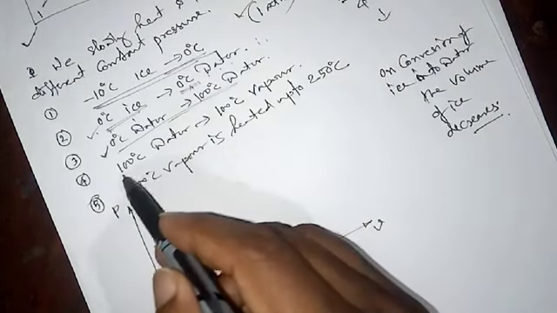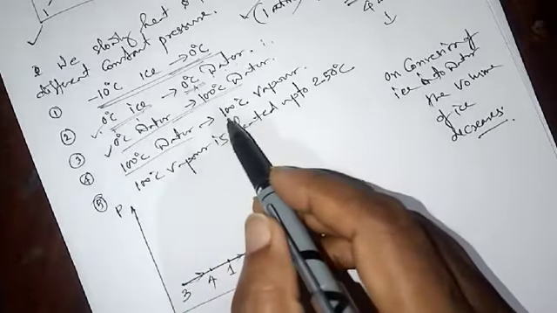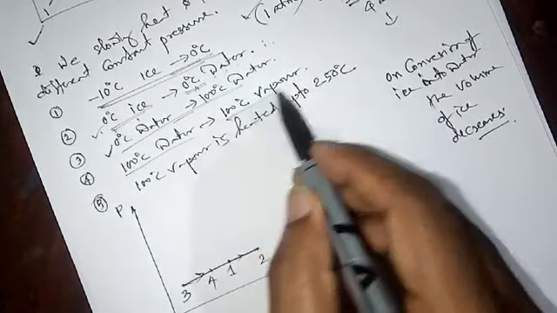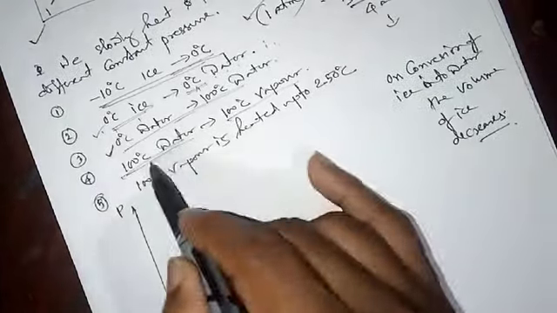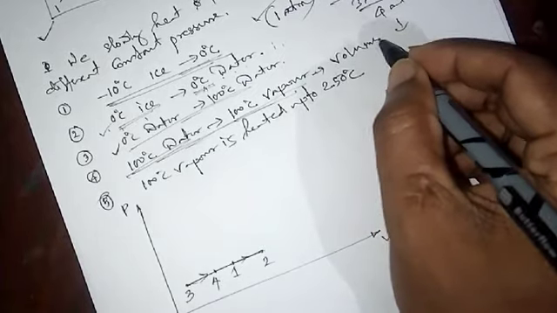After this process, 100 degree centigrade water is converted into 100 degree centigrade vapor. Therefore, there will be a large increase in volume.